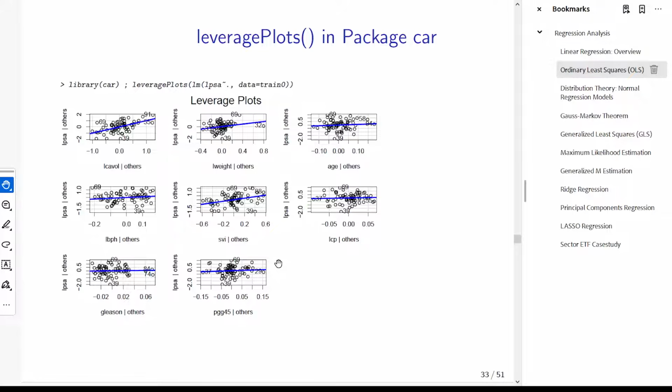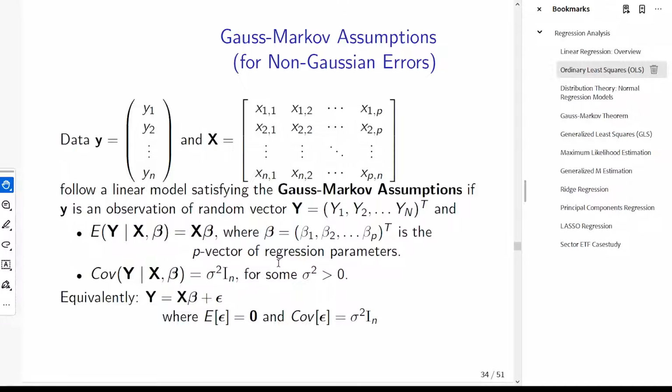Okay, let's see. Well, with this normal linear model, we can consider the assumptions underlying that minus normality, and those are called the Gauss-Markov assumptions.